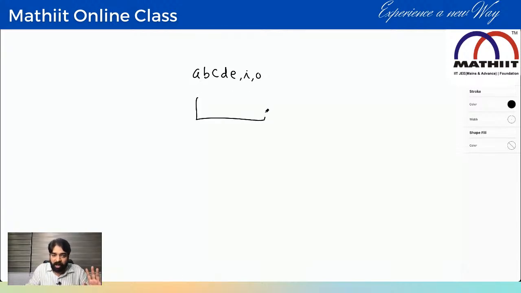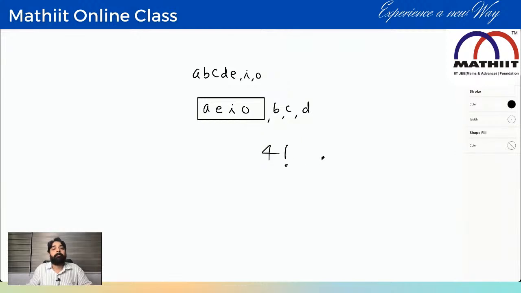Make a box and dump all the vowels inside this box: A, E, I, O. I hope everybody knows the vowels. B, C, D, these 3 are left. So now how many objects? 1, this is a single object, 2, 3, 4. So this can be done in 4 factorial ways.